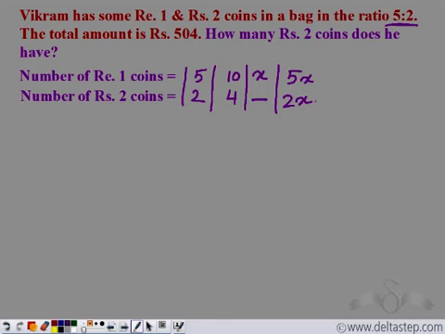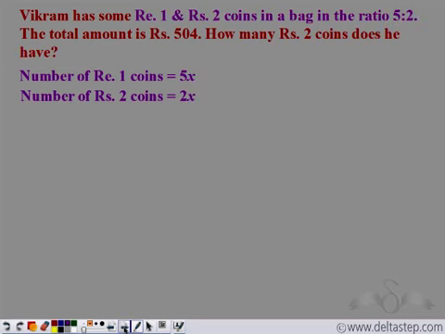So if the number of rupee 1 coins is 5x and the number of rupee 2 coins is 2x, these two are still in the ratio 5:2. And x could be any number, so x is the unknown number. So we need to find x. So we represent the number of rupee 1 coins as 5x and the number of rupee 2 coins as 2x.